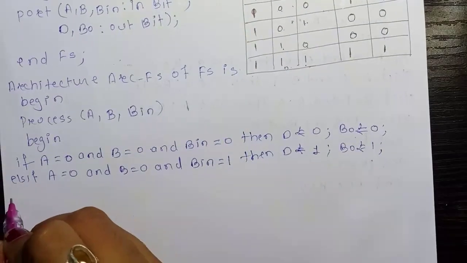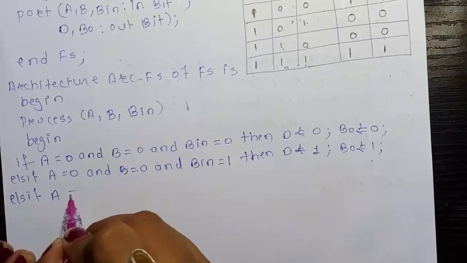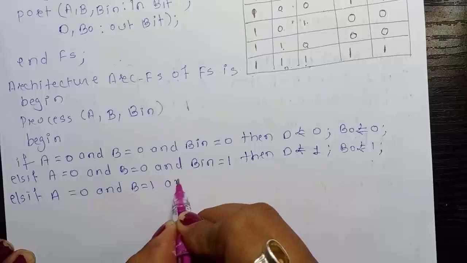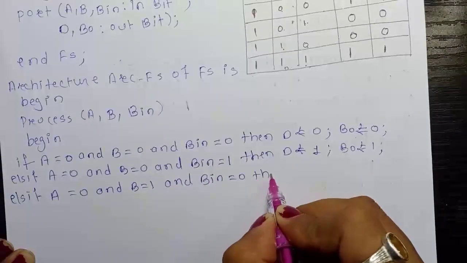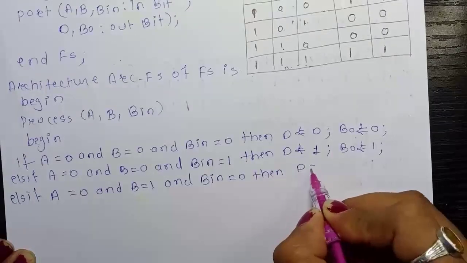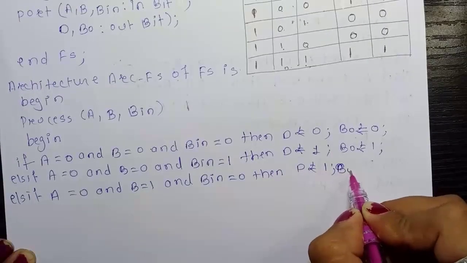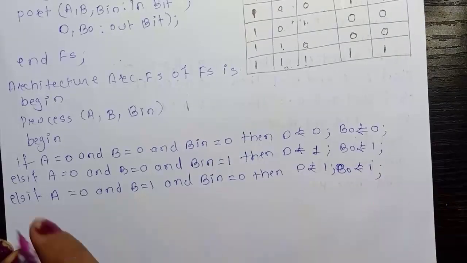Then else if A is equals to 0 and B is equals to 1 and borrow in is equals to 0, then my difference is 1 and my borrow out is again 1.